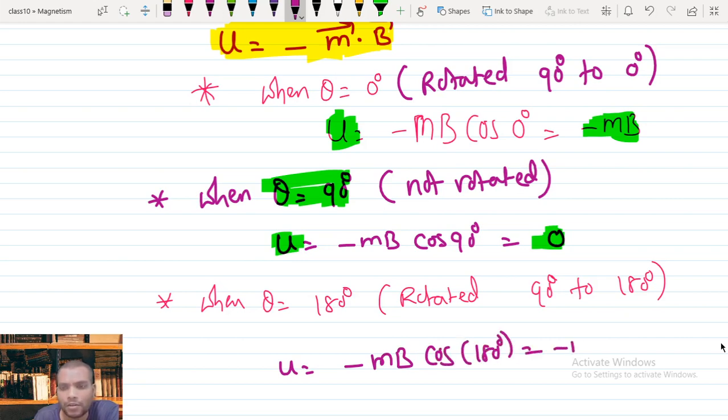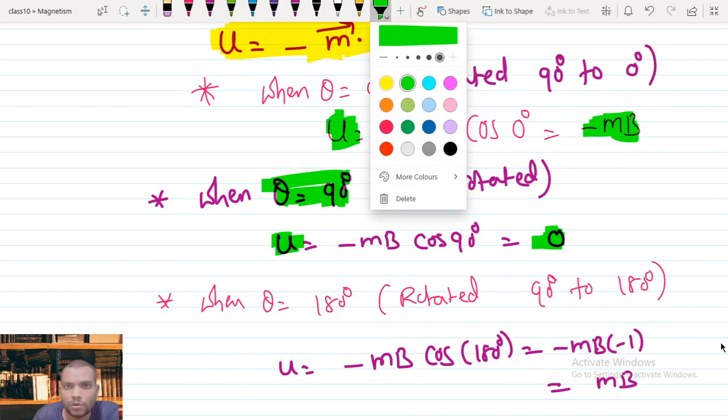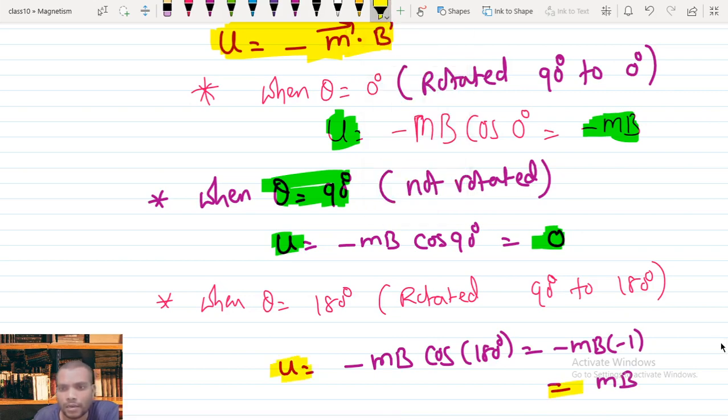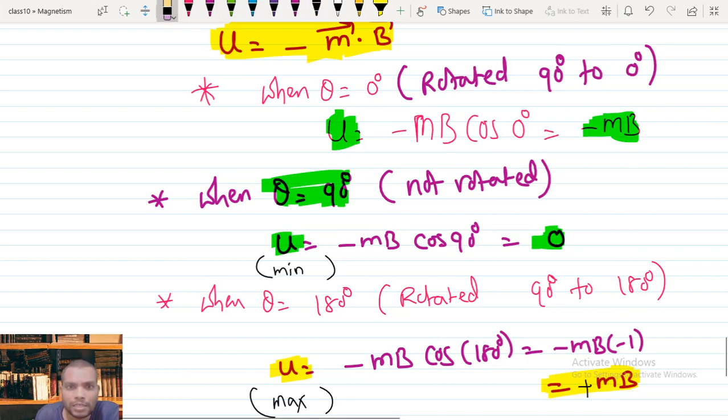Cos 180 degree value equal to negative 1, so its value becomes positive. So the potential energy of a magnetic dipole in a uniform magnetic field in this case equal to positive, and which is maximum. So this case you can take for maximum. Sorry, not this case, the above case. Negative is less than that. So here is the potential energy minimum case.